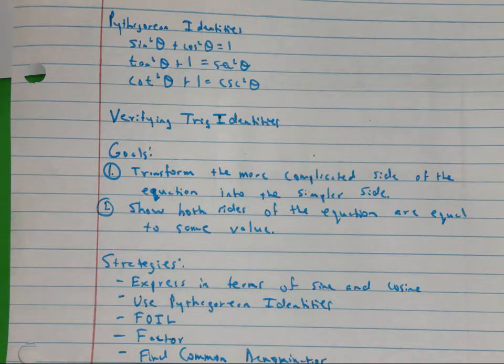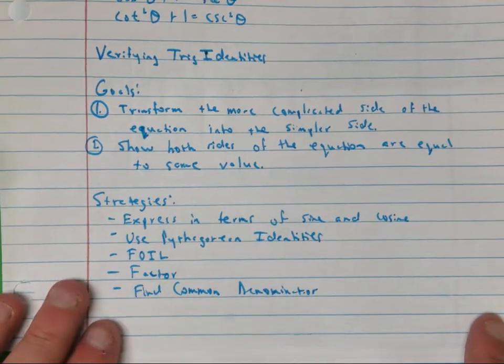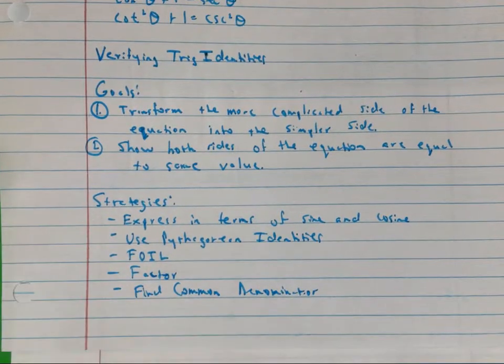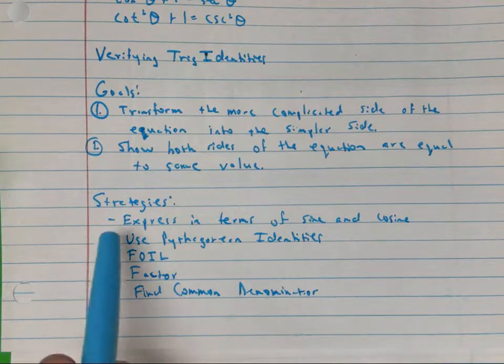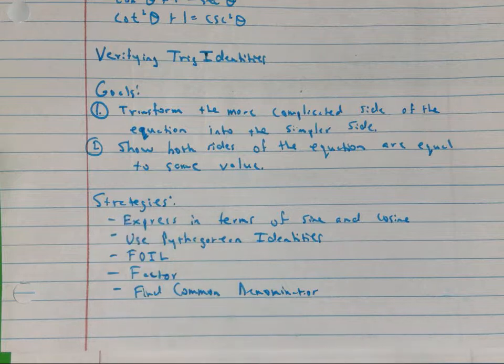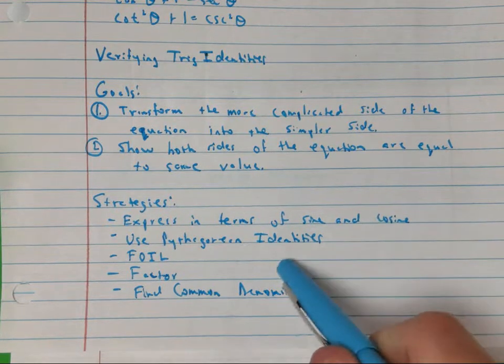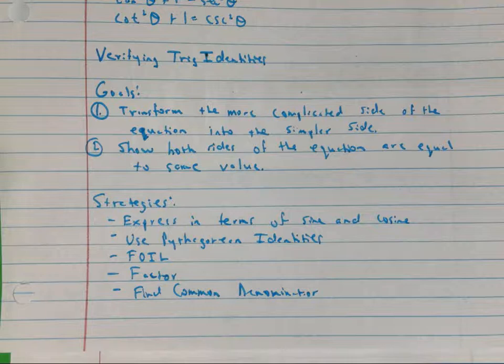Now, what are some toolkit strategies that we can use to help verify? These are the 5 predominantly used. Most of the time, remember, sine and cosine are the most basic ones. If you can express things in terms of sine and cosine, go for it. Then you could use your Pythagorean identities. If you see that squares are involved, that might be a Pythagorean identity that you can use to help simplify.